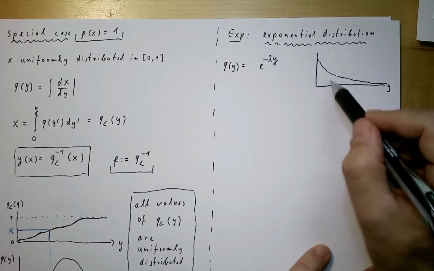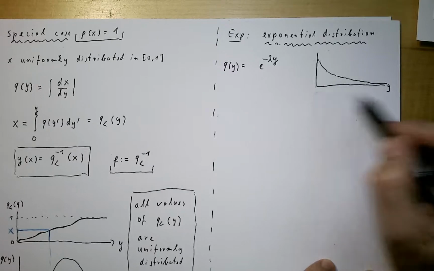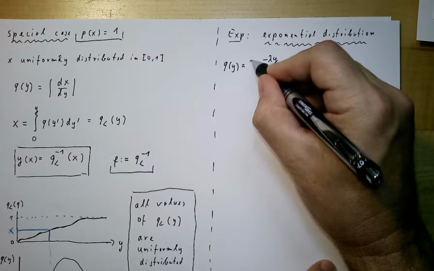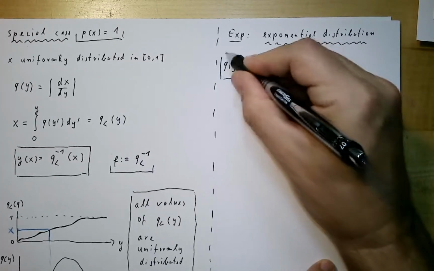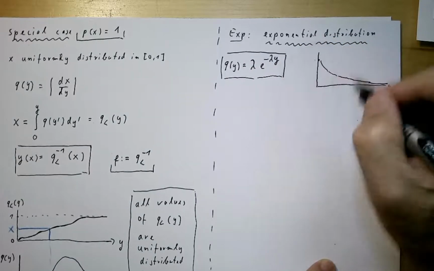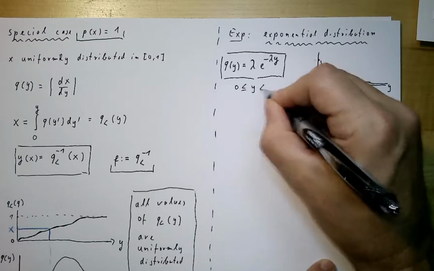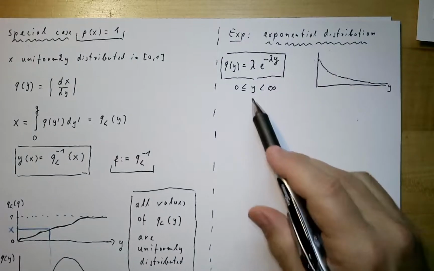And when you normalize this, so that the integral under the curve from 0 to infinity is 1, then you find that we need here lambda. And we want that y is a positive variable.